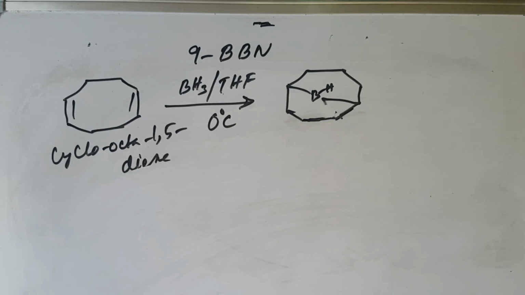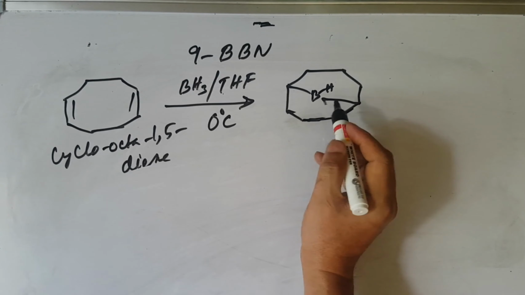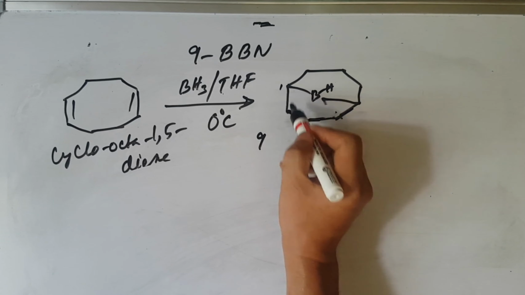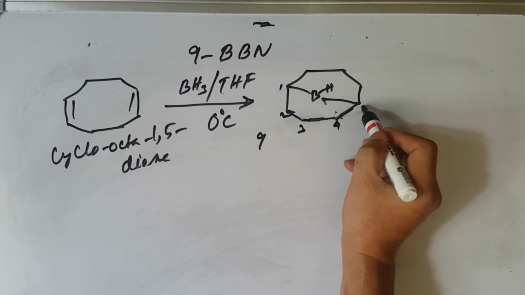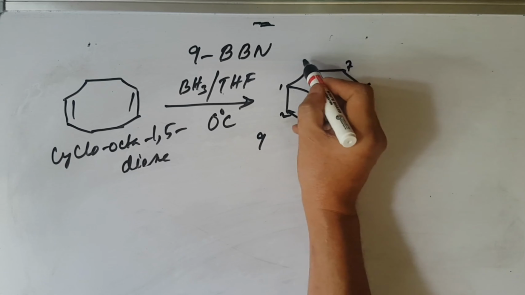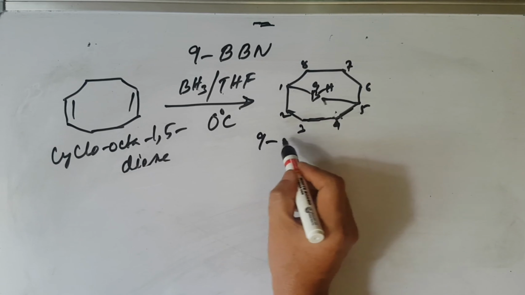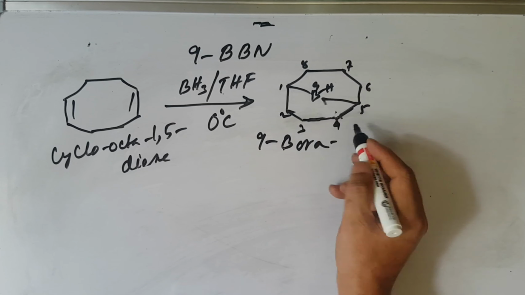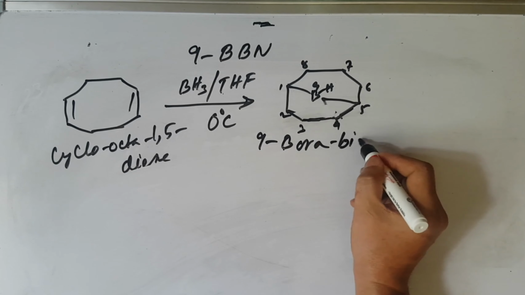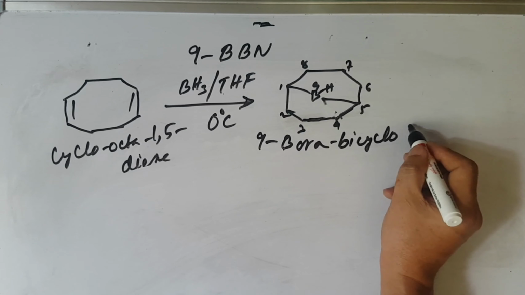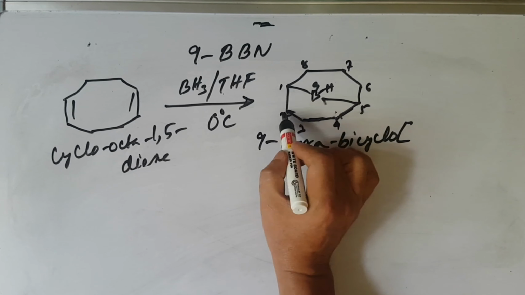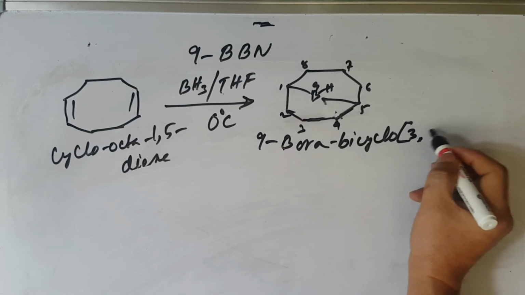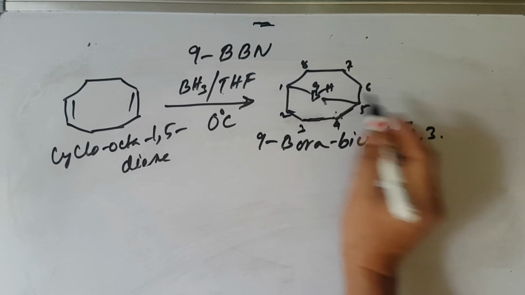So the name of 9-BBN: here are 9 positions, 1, 2, 3, 4, 5, 6, 7, 8, 9. 9-bora, and this is a bicyclic compound, two rings. Here is 1, 2, 3, and the bridge is 1.